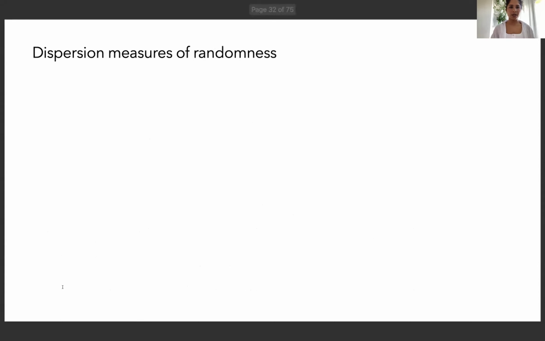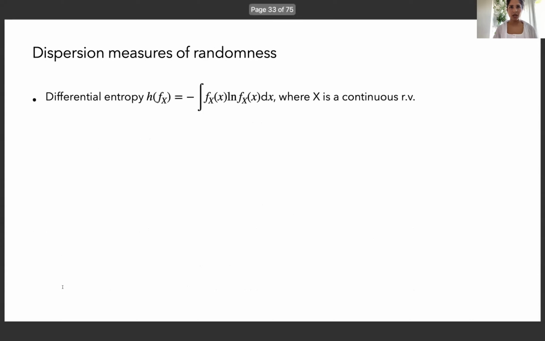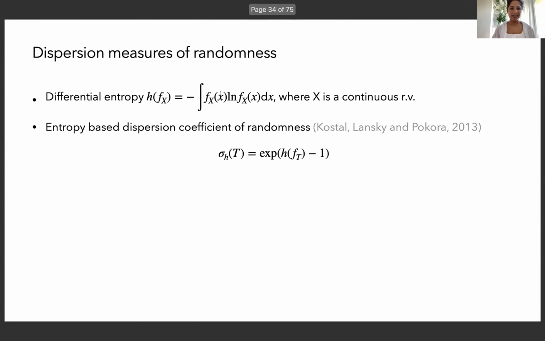The dispersion measure that we use to quantify the randomness, as a further describing characteristic of spike trains, is an entropy-based measure called the differential entropy, which is defined here for a continuous random variable x. But we don't use h by itself as the dispersion measure, because h can take either positive or negative values, and it also depends on the scaling. So we really need a relative measure.